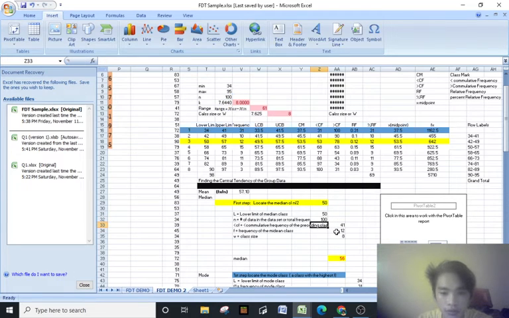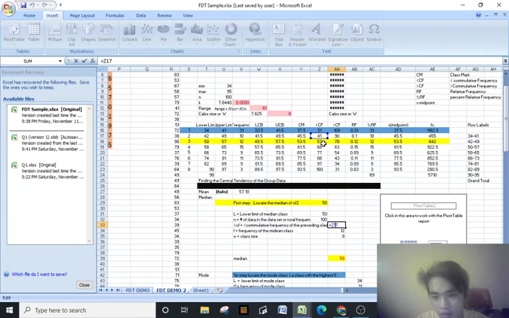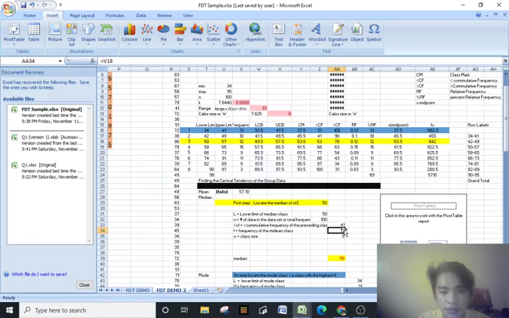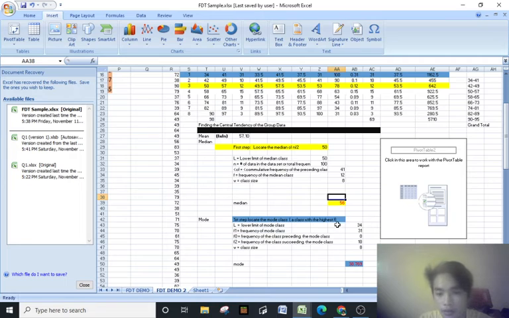To get the cumulative frequency of the preceding class, preceding means the upper one, so it has the 41. The frequency of the median class is 12. The frequency of the median class is highlighted in yellow, so it is the median class. Next is the class size, which is 8.